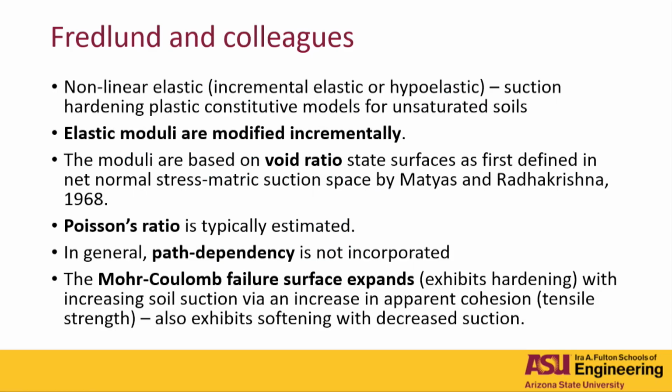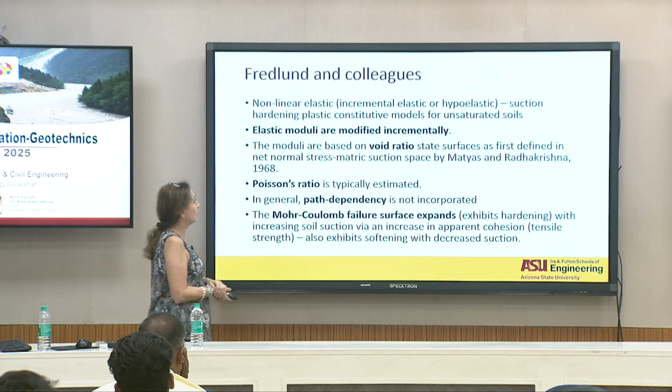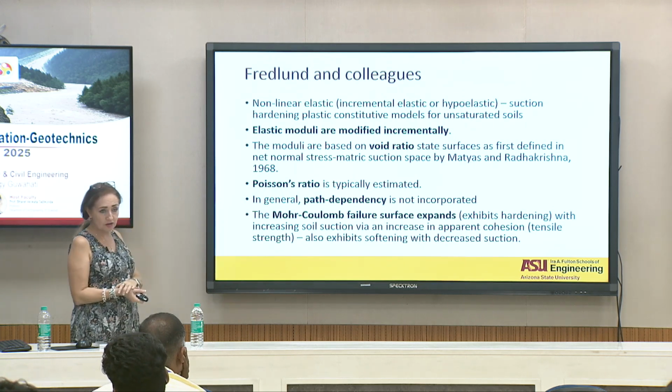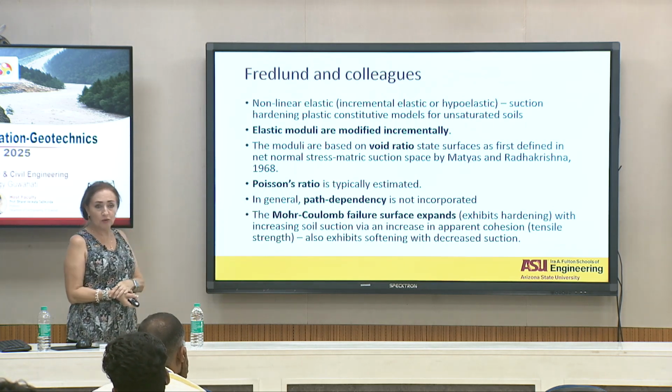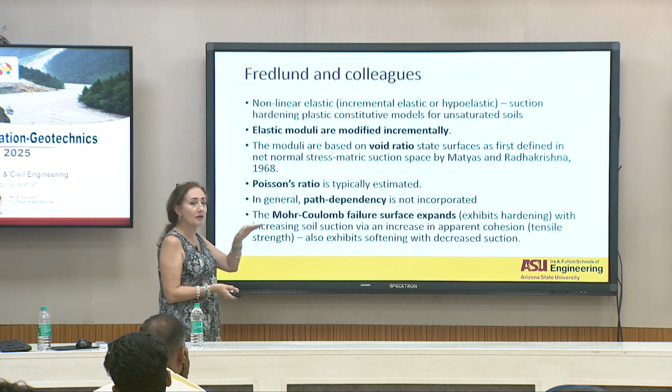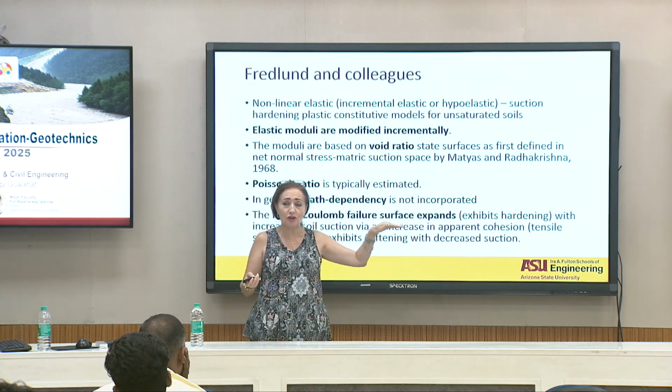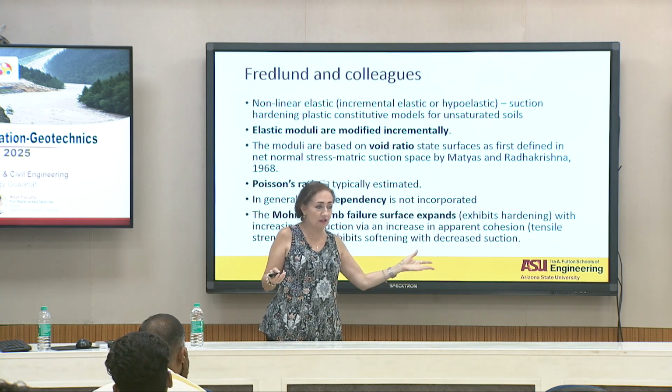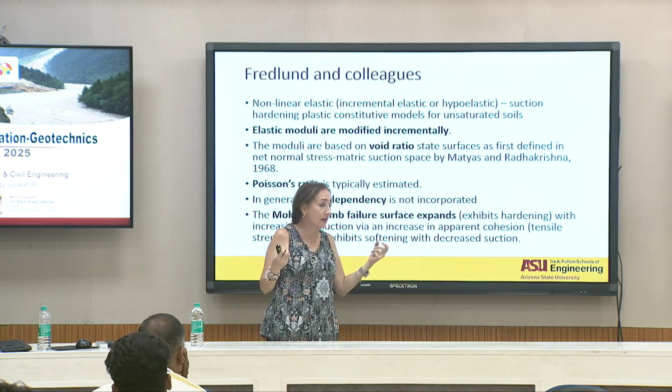But again, Fredlund and his colleagues, whose theories I follow, basically use a nonlinear elastic, kind of incremental elastic model, right? It's an incremental elastic model. There are also suction hardening plastic constitutive models for unsaturated soils. But if we keep increasing the matrix suction, the soil will lose all the stress parameters because you have no more water, right?